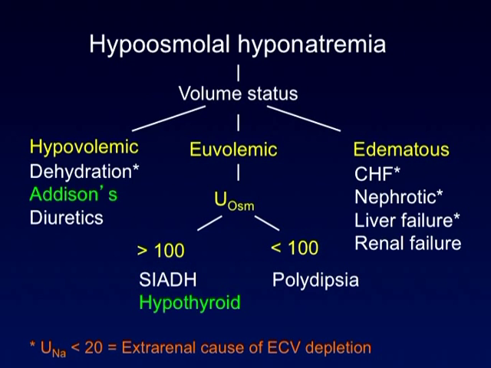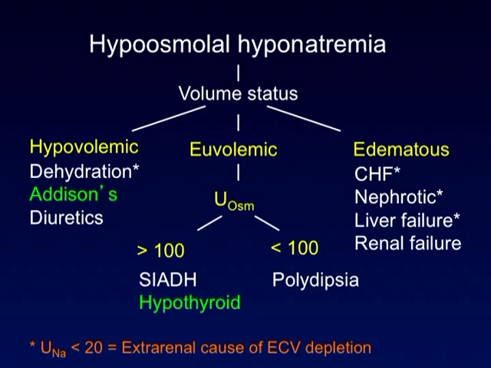In patients with hypoosmolal hyponatremia, what you do clinically is assess volume status. In the case history that you get presented, you look out for clues for what the volume status is. Patients with SIADH are going to be euvolemic or near euvolemic. They're never going to be hypovolemic.